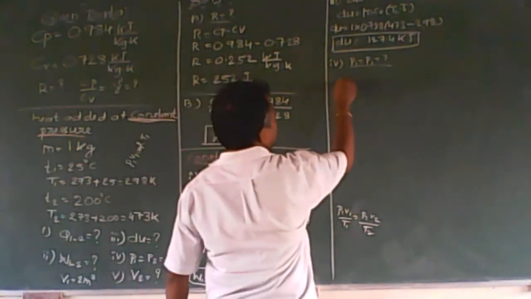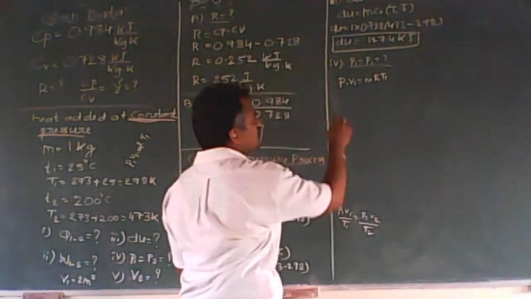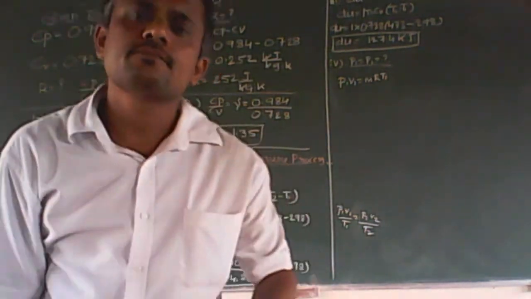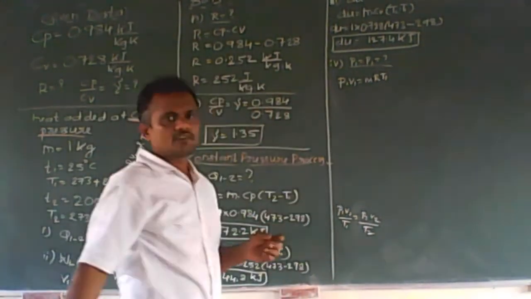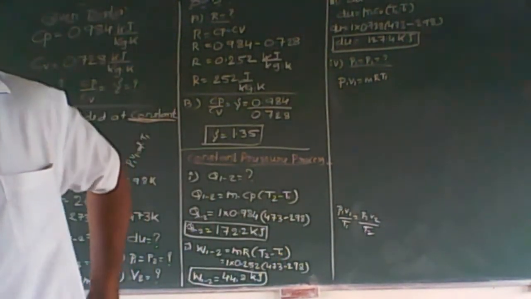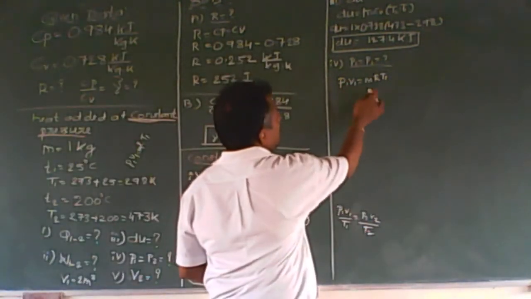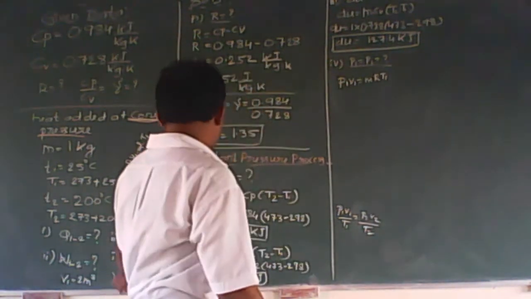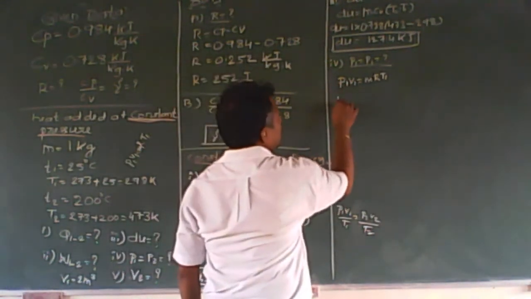With the help of this, P1 V1 is equals to MR T1, you can calculate the value of P1. See, here V1 is known to you, therefore we can directly calculate the value of P1. How we can calculate?